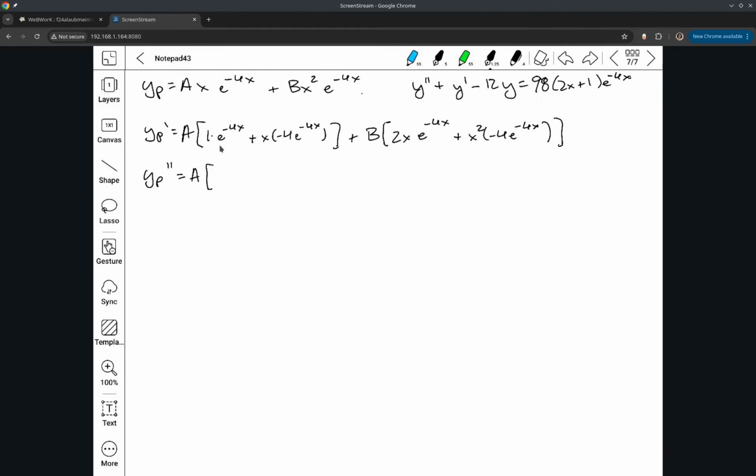So derivative of e to minus 4x is just minus 4 e to minus 4x. And then the derivative of this, x times minus 4 e to minus 4x, is going to be minus 4 times the whole derivative I got of x e to minus 4x last time. So derivative of x is 1 times e to minus 4x plus x times minus 4 e to minus 4x.